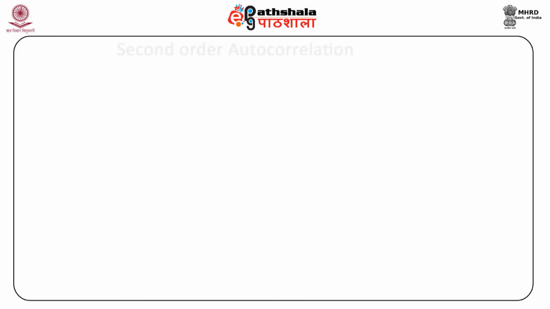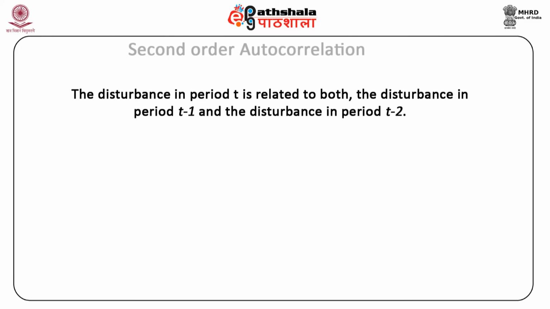Third is the second order autocorrelation or AR(2), in which the disturbance in period t is related to both the disturbance term in period t-1 and the disturbance in period t-2.